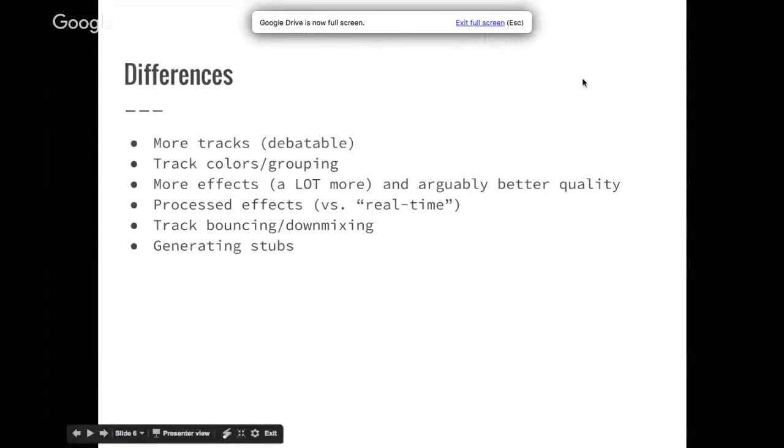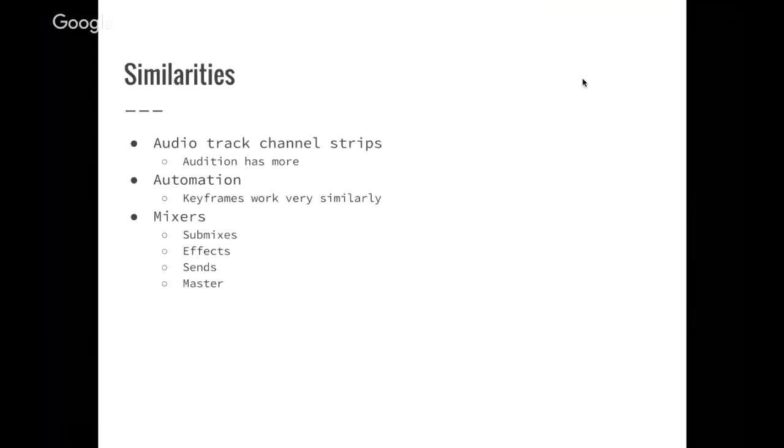Let's now transition a bit. What we had talked about before were the similarities, so I'll bring this back up so that we can review. The similarities we've looked at to this point: the audio track channel strips, though Audition obviously has more of them, which is arguable.